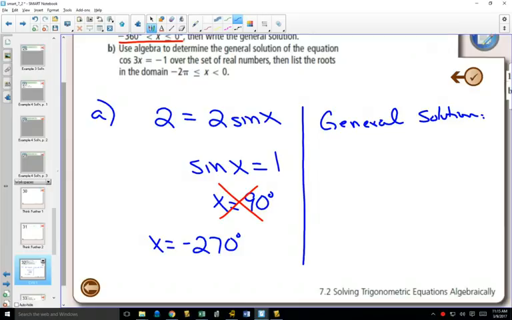And then for each of your answers between 0 and 360 or 0 and 2 pi, you'd add plus 2k pi if it was in radians, but because this one's in degrees, our general solution is going to be 90 degrees plus, instead of 2k pi, 360 degrees times k, where k is an integer.